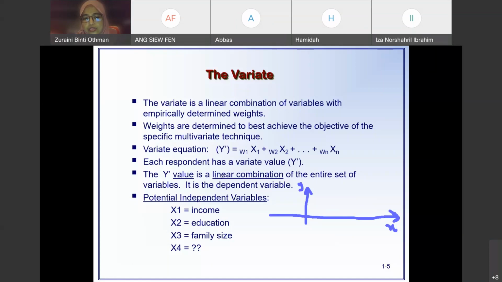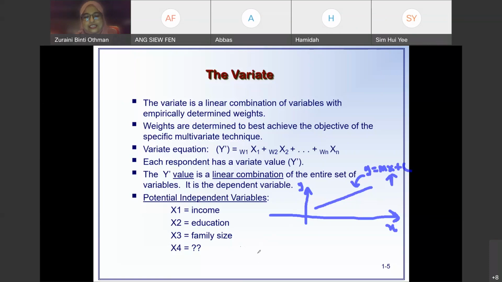The Y value is a linear combination of the entire set. If we have this kind of graph, a straight line, a linear graph, Y is equal to mx plus c. Is x the independent or dependent variable? Independent, correct. And y is dependent.